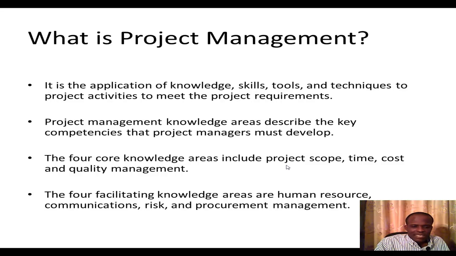The knowledge areas have been divided into two groups. We have the four core knowledge areas, and then we have the four facilitating knowledge areas. The core knowledge areas include project scope, time, cost, and quality. These are core areas that you as a project manager must be able to master.